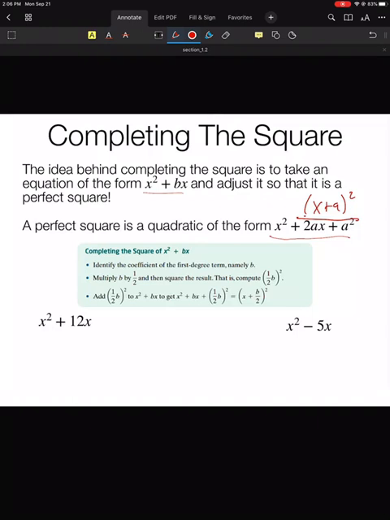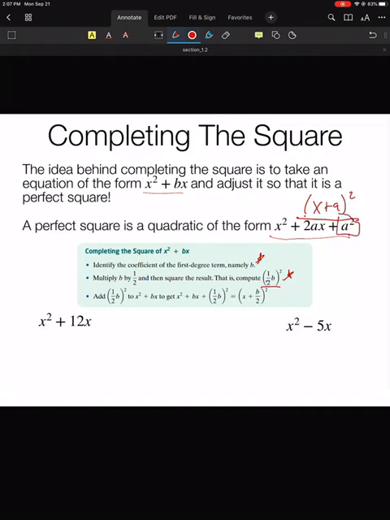We start with a form like x squared plus bx, where b is any number. Step one, we identify that term, b. We multiply b by a half and then square the result, so we compute (1/2 b) squared. That creates this a squared term.